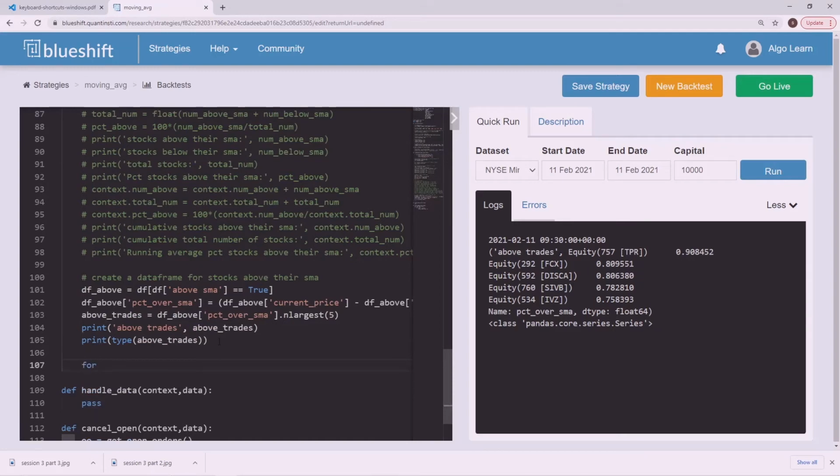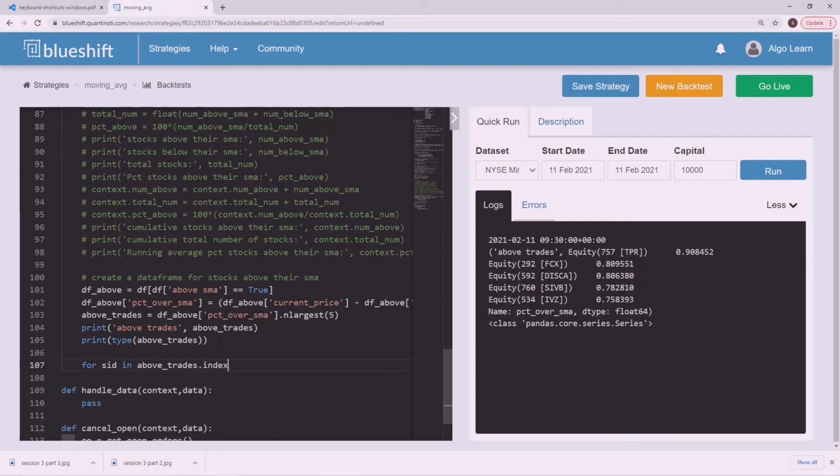So for SID, the security ID, in above underscore trades, the series, the index basically is going to be the symbol, the security index.